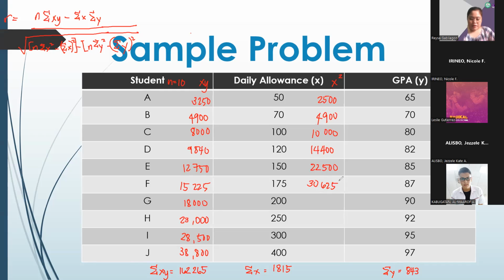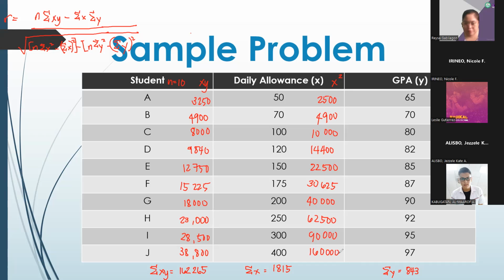And then 200 squared is 40,000. 250 squared, 62,500. 300 squared is 90,000. And lastly, 400 squared is 160,000.